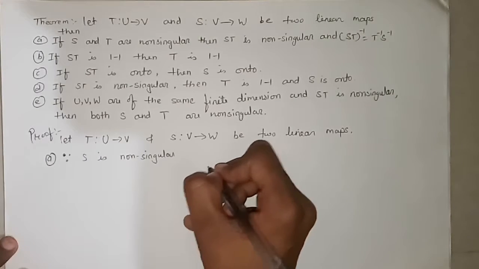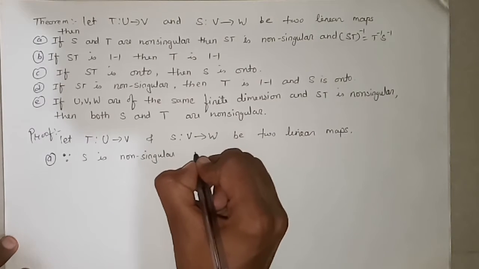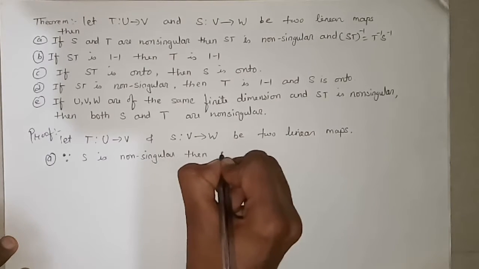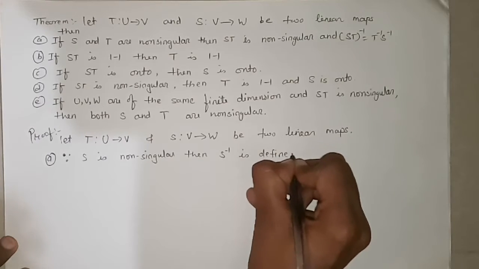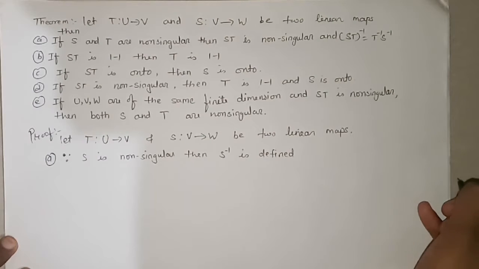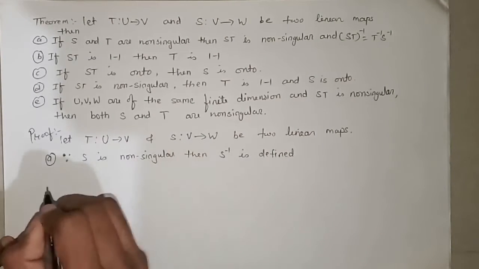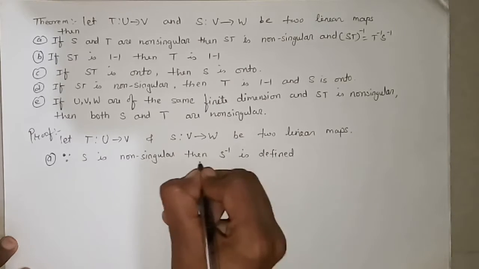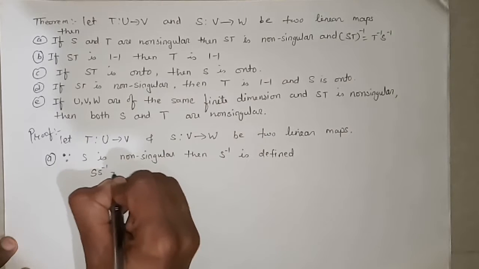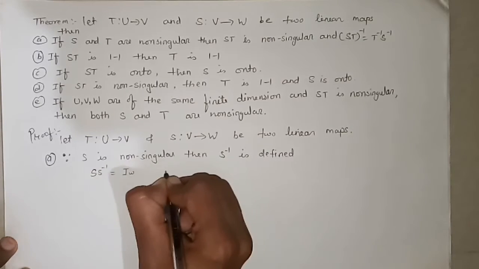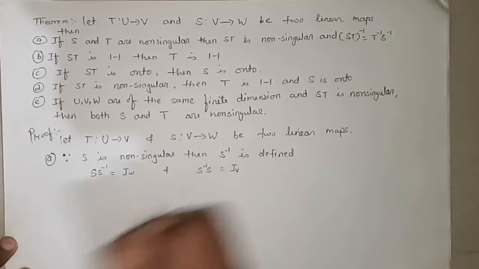So from here we can conclude, if S is non-singular, then S inverse is defined. If any mapping is non-singular, then its inverse is defined. Since S is a mapping from V to W and S inverse is defined, the composition of S and S inverse is IW and S inverse S is IV.